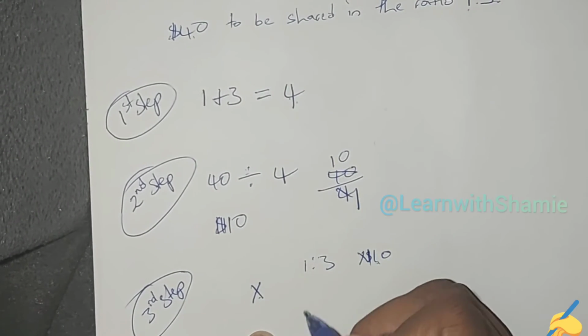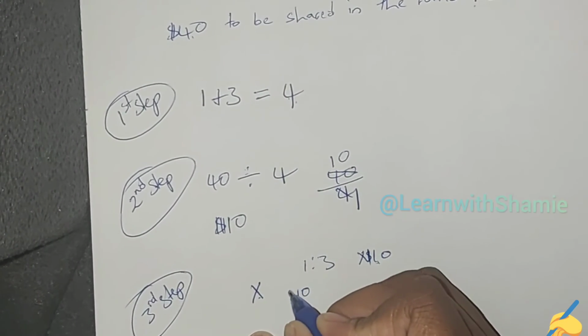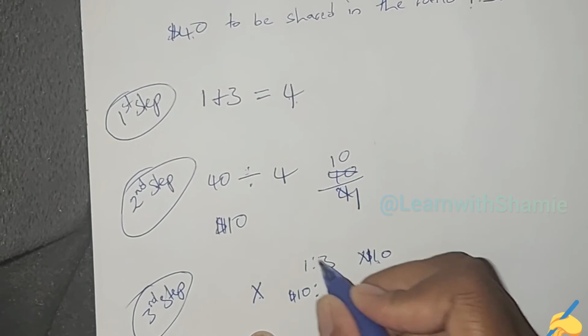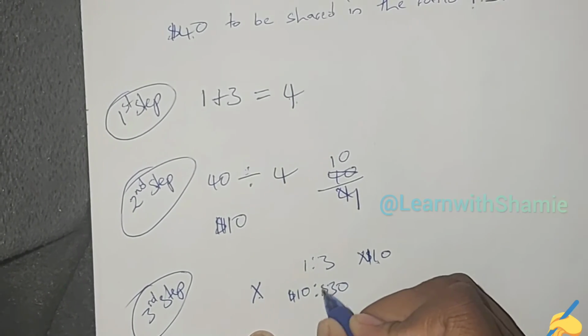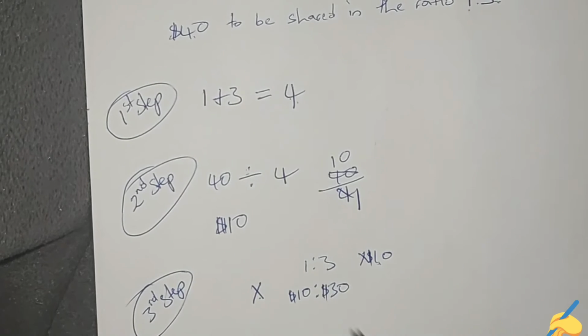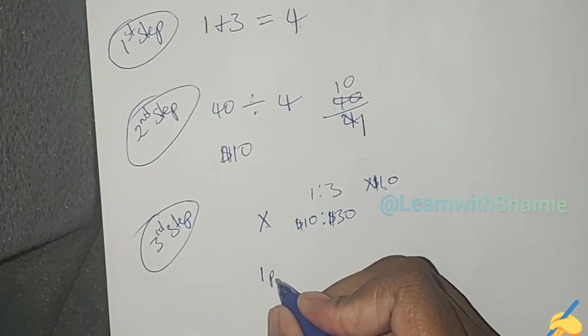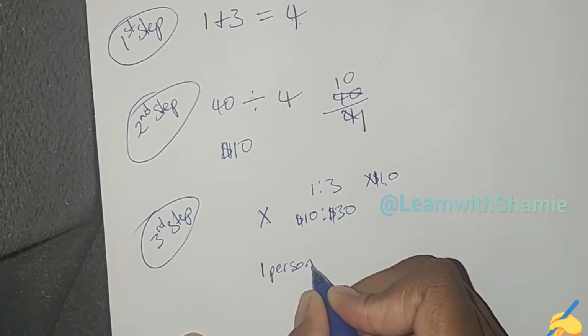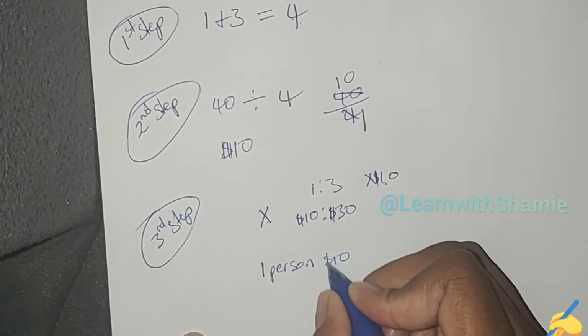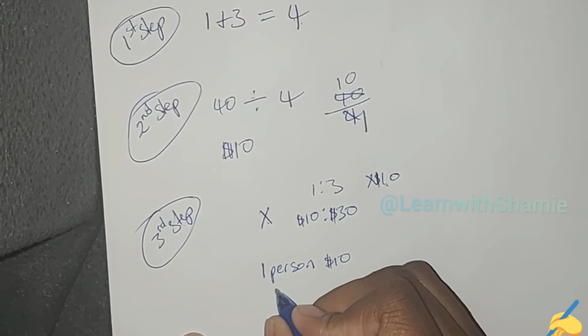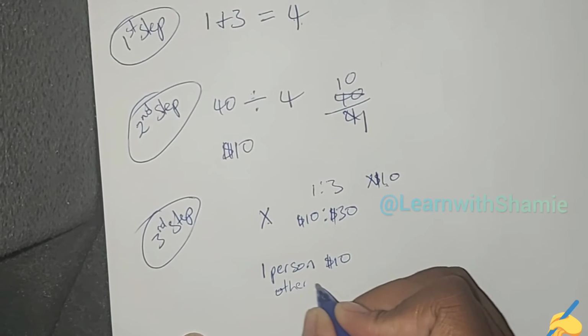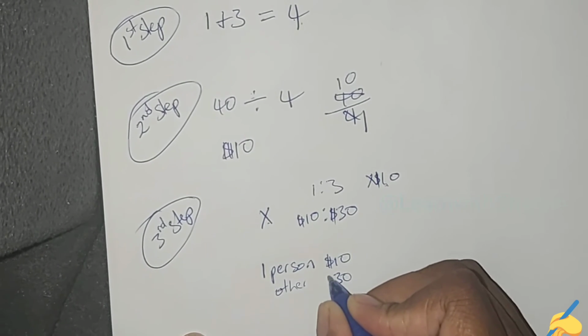So 10 times 1 would be $10 to 10 times 3, $30. So the ratio would be $10 to $30. So one person would get $10 and the other person gets $30.